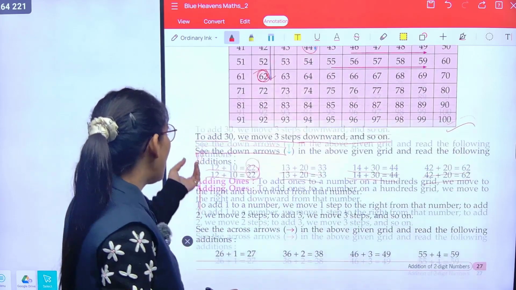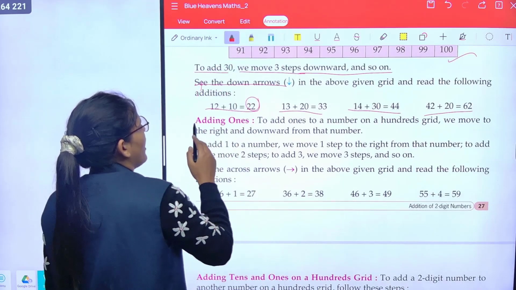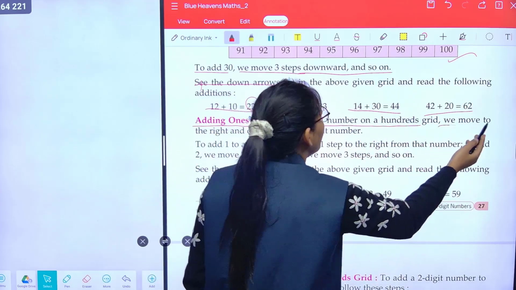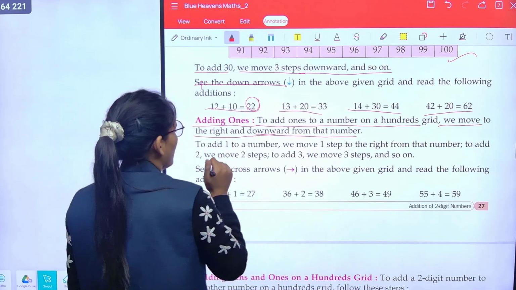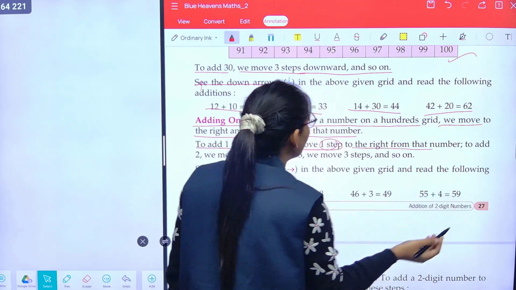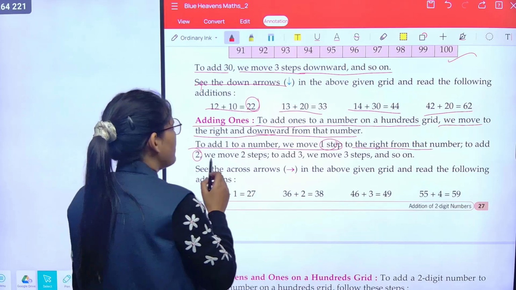So class, adding ones. To add ones to a number on a 100 grid, we move to the right from that number. To add 1 to a number, we move one step to the right. To add 2, we move 2 steps.